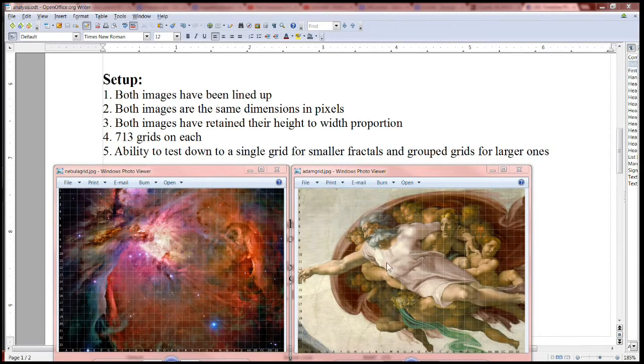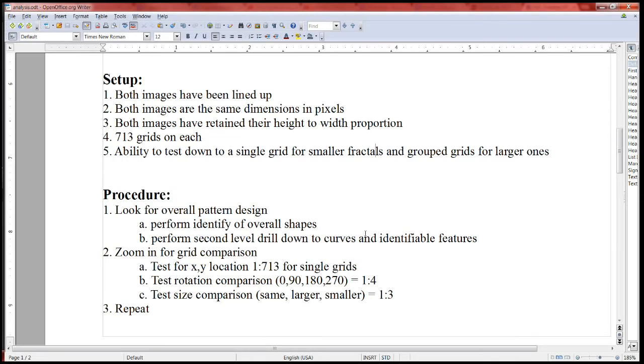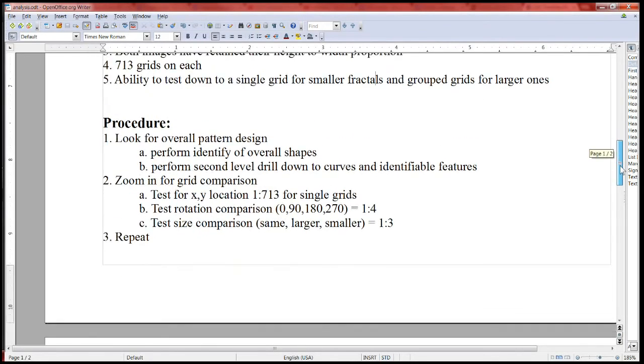What that's going to do for us is show us proportionally that these things are located in the same areas, with the same rotation, with the same size, and with the same shapes. And when we start doing the math on all of that, we'll realize that it actually comes to astronomical numbers. So here's the procedure.